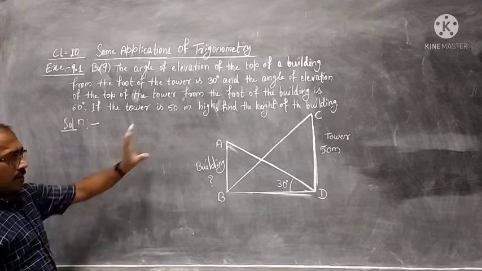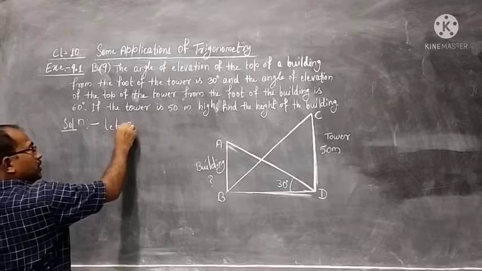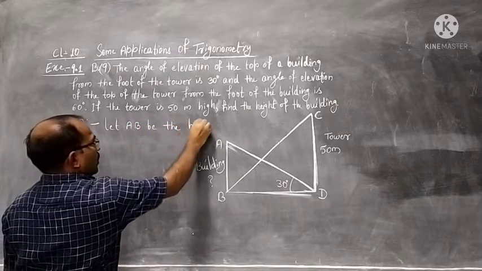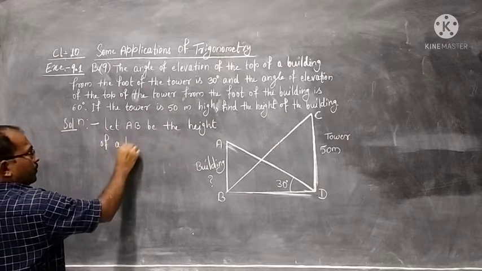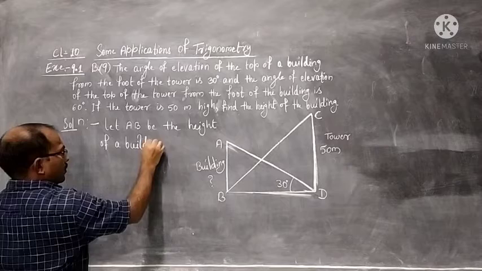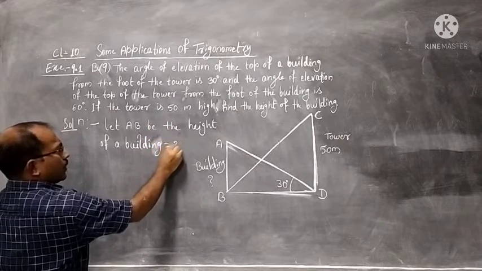What we have assumed here: let AB be the height of a building. This we have to find.